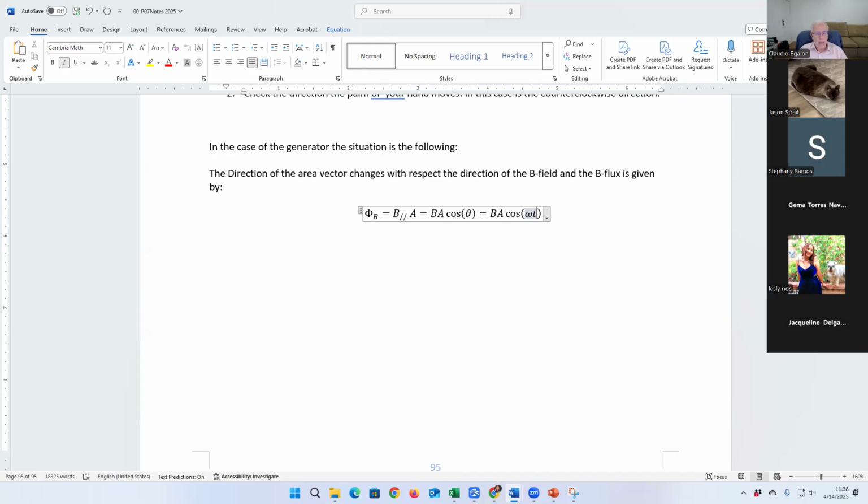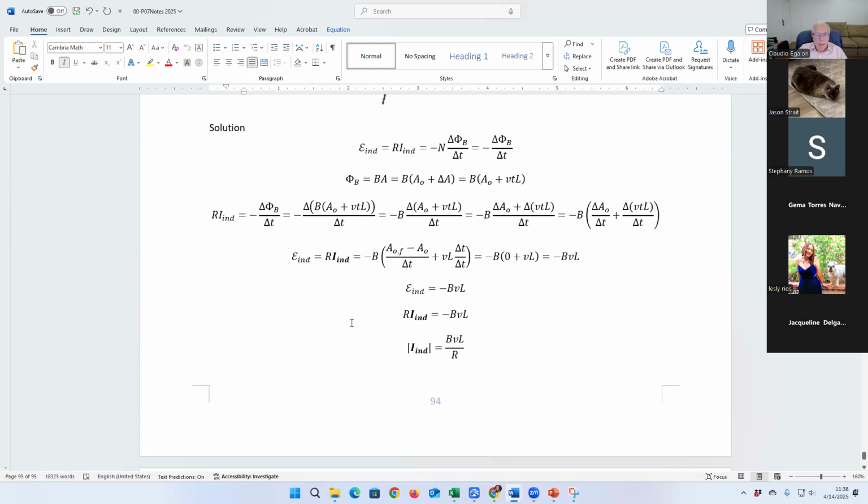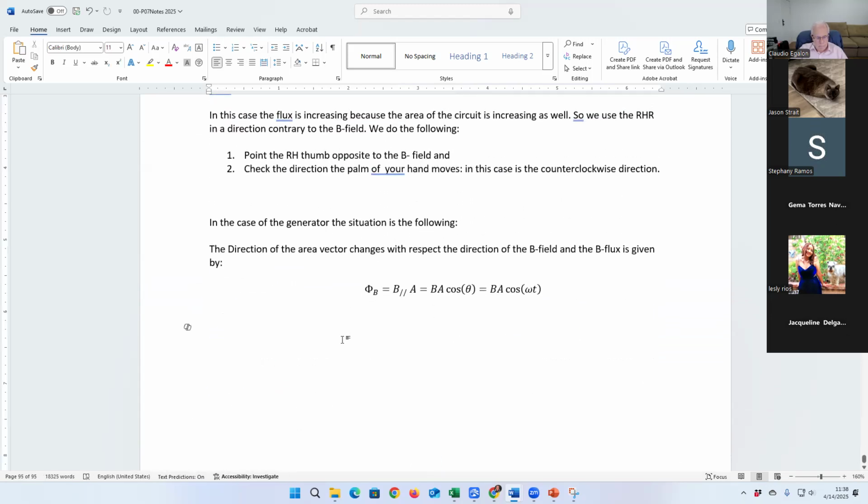Flux through the area of the circuit. It's just one loop. Okay.